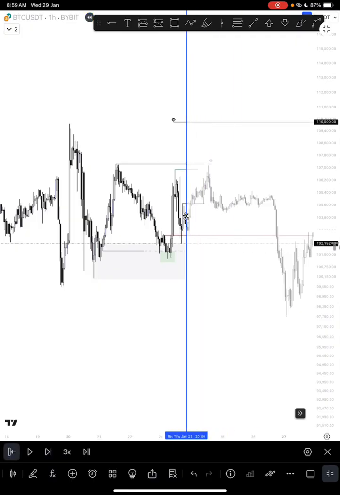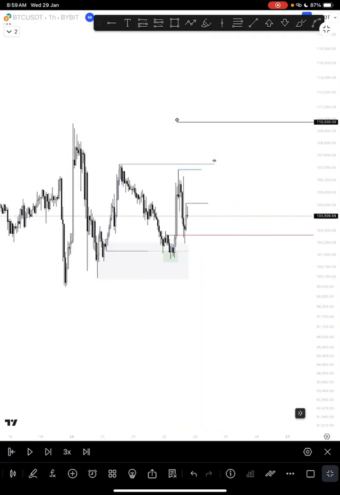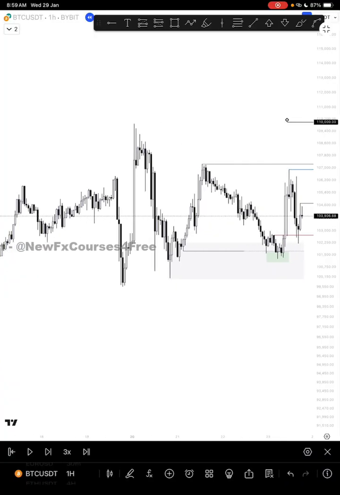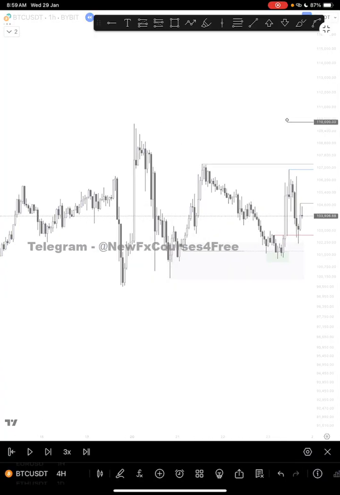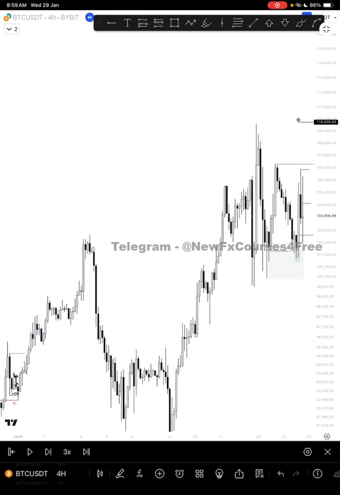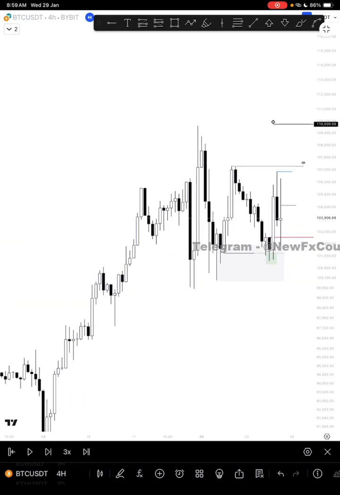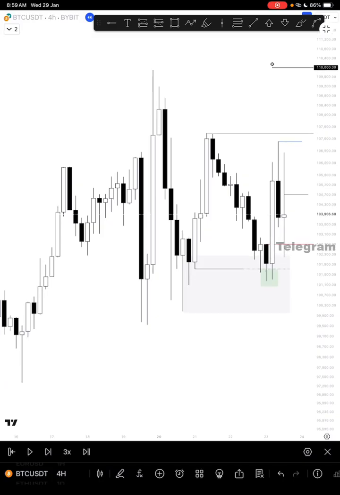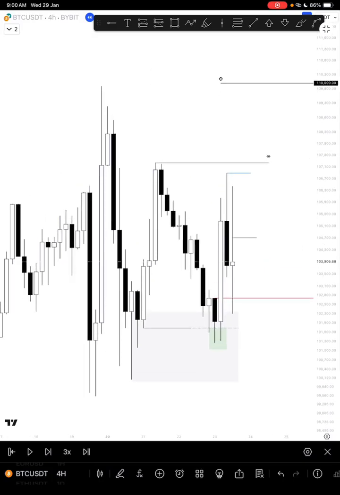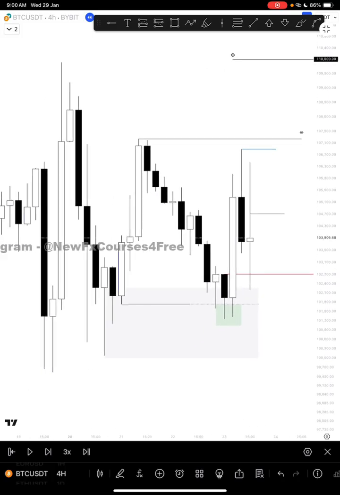Here on BTC USD, go to the 4 hour time frame. So this is the 4 hour time frame here, and I was looking at this high over here. So you can see a rejection block clearly.